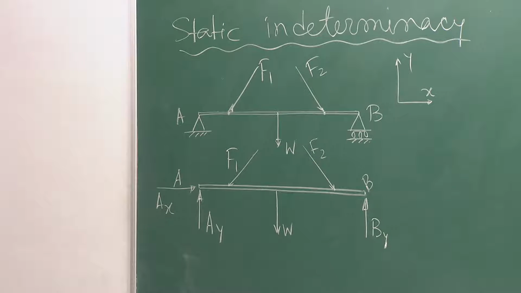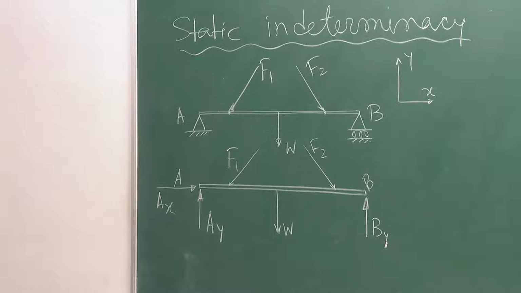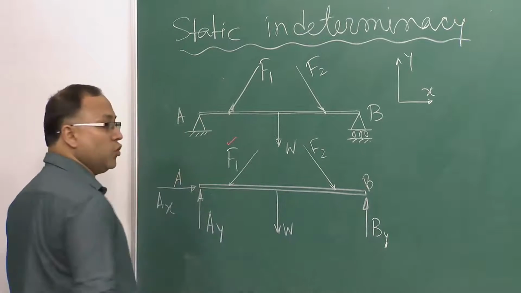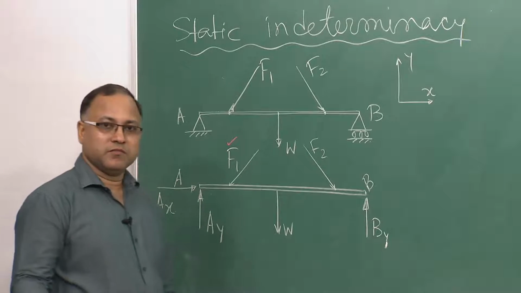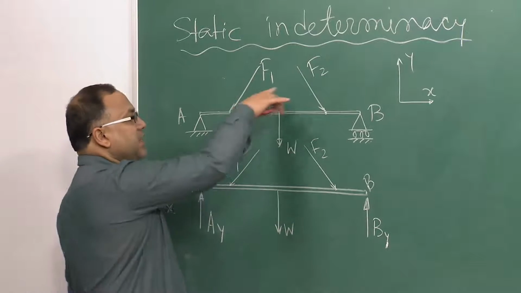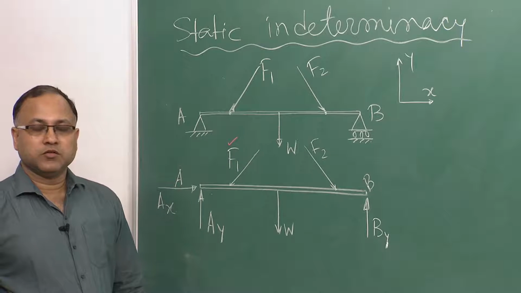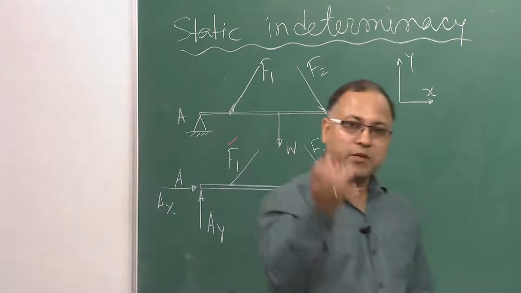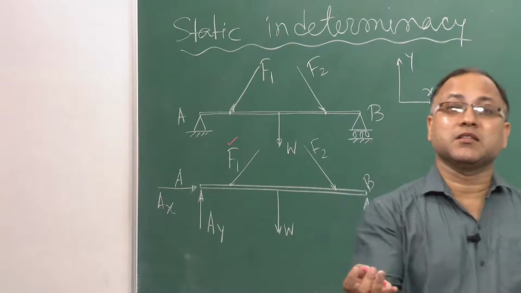Now, what are the unknowns? Could you please tell me what are the unknowns? This is known, F1, because in the actual problem these are the externally applied forces. So, you should know, otherwise how will you design? If you do not know what forces are coming on the structure, how will you design the structure, right.